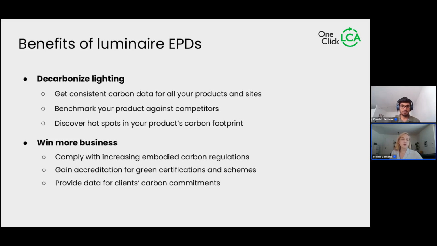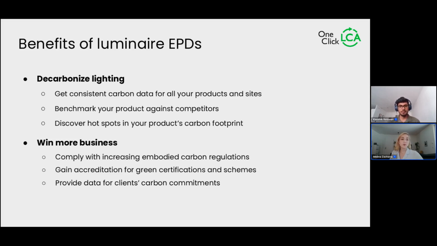And you also get to gain accreditation and green certification schemes, and EPD documents, especially third-party verified, are important to gain these accreditations.